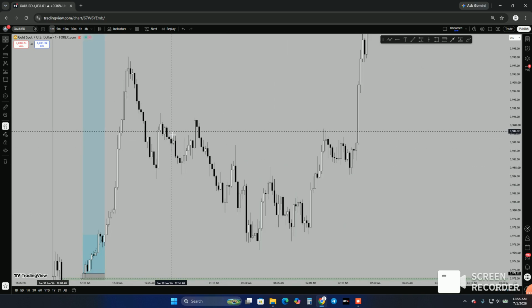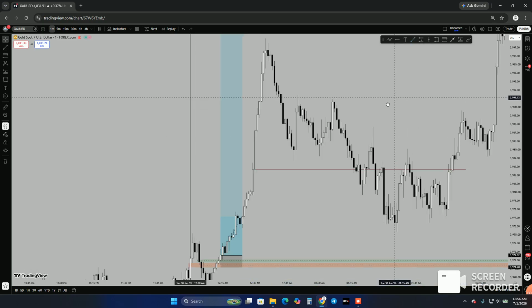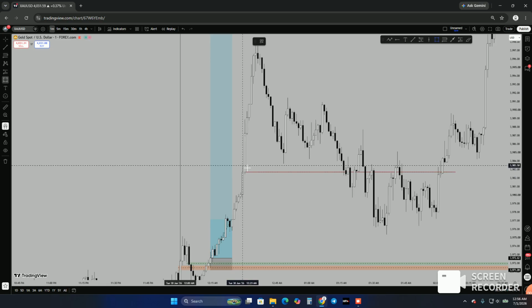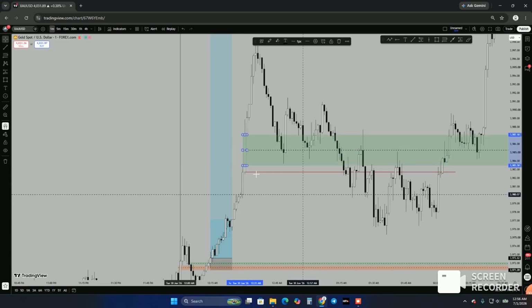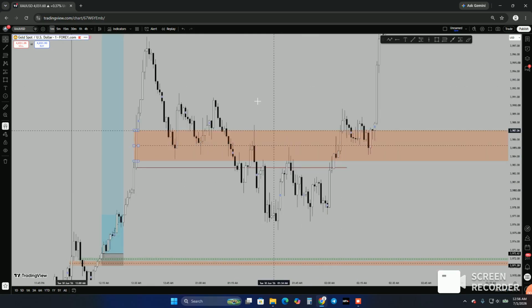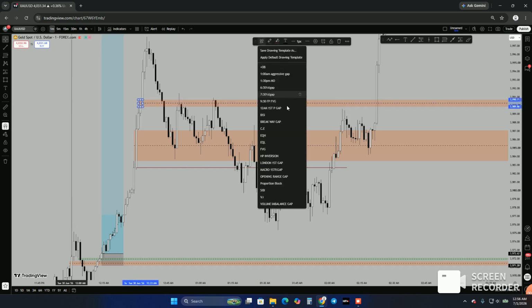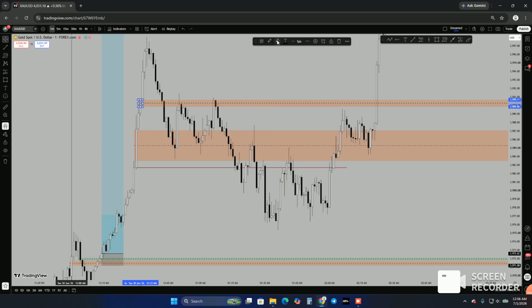If I go back to the 12:30, where is the 12:30 open? You can see the 12:30 is itself a gap. So I would like to mark out the 12:30 low, and you can see it itself is a gap. So I just mark out this gap. I have to find out the second gap, which is very important for this rule.